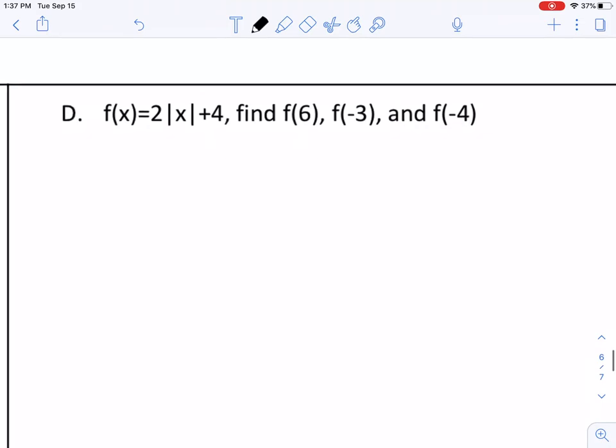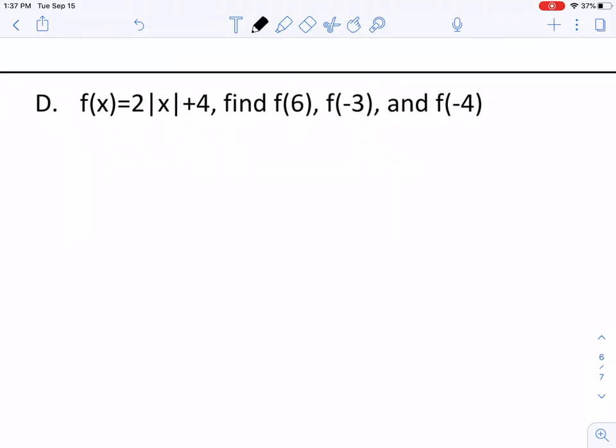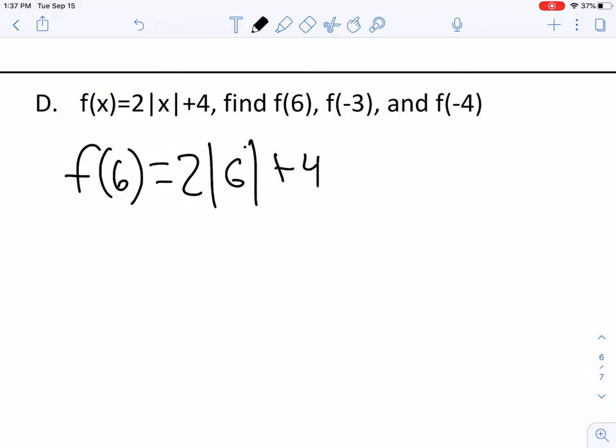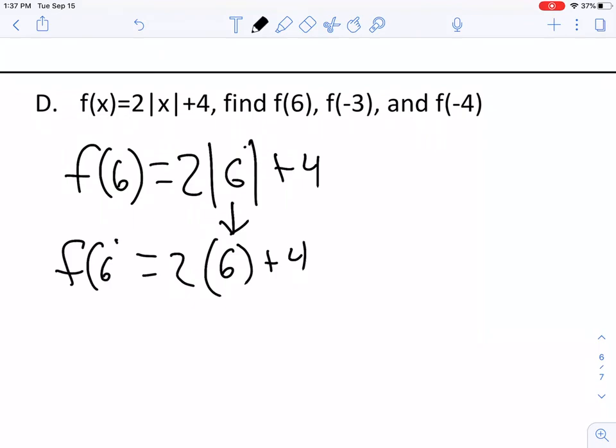All right. And then finally, I'm going to be doing the same thing but with an absolute value. So f of 6 equals 2 times the absolute value of 6 plus 4. The absolute value of 6 is 6. 2 times 6 is 12 plus 4, which is going to give us 16. So f of 6 is 16.